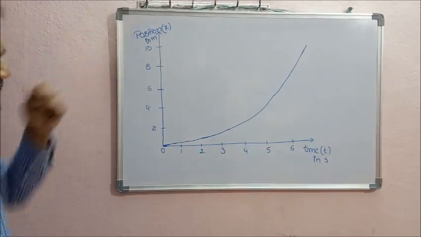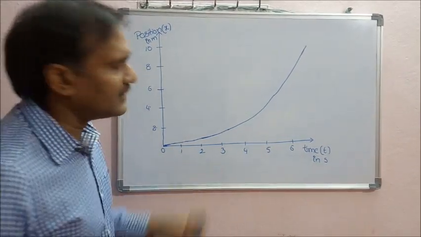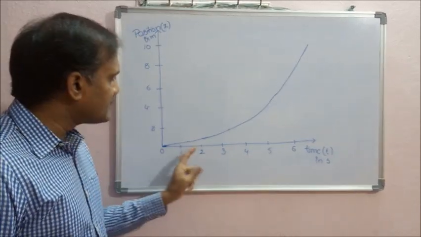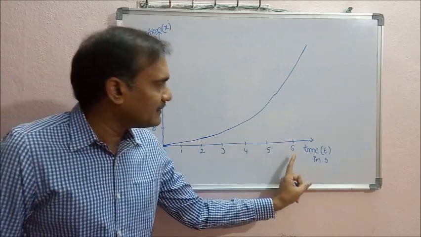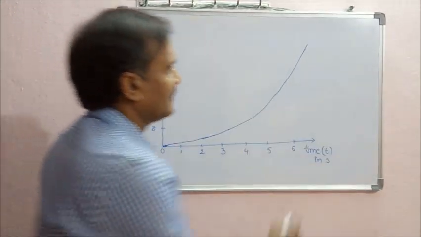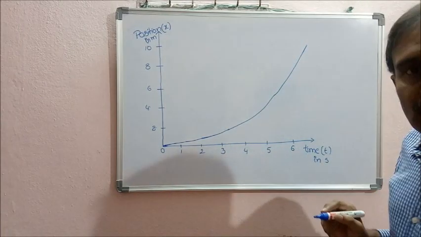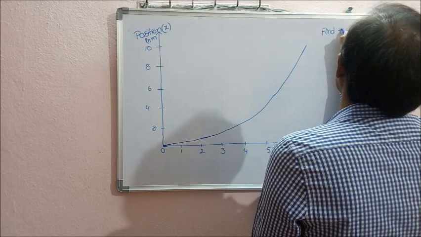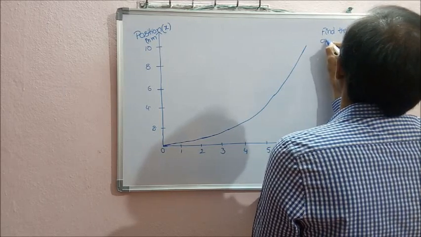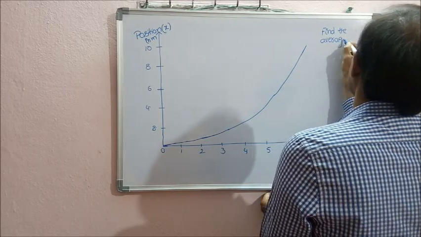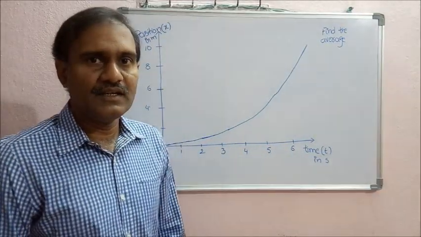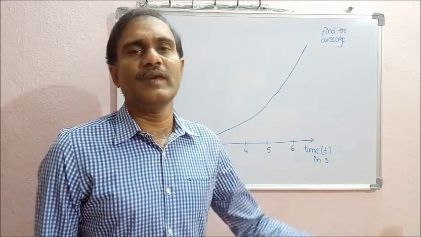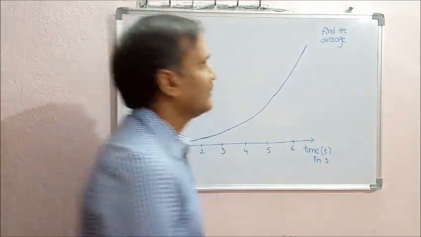Now find out the average velocity during the time t is equal to 2 seconds to t is equal to 6 seconds. Our aim is to find the average velocity.